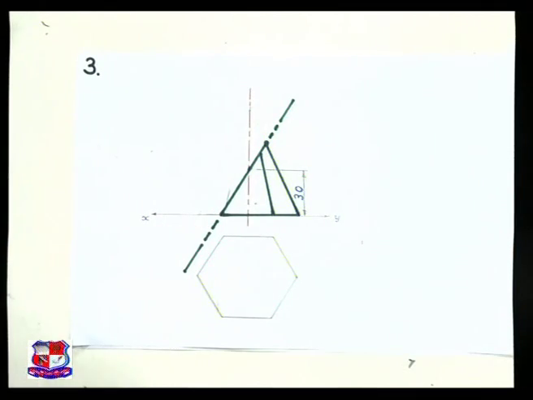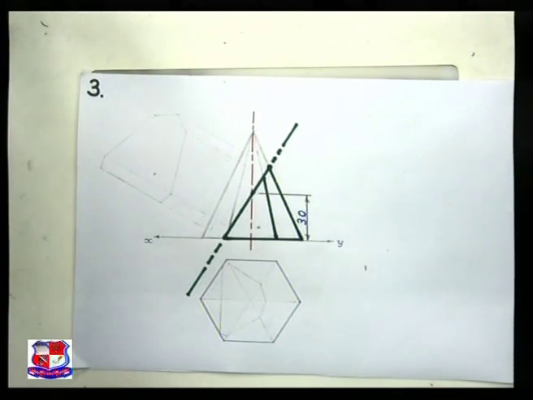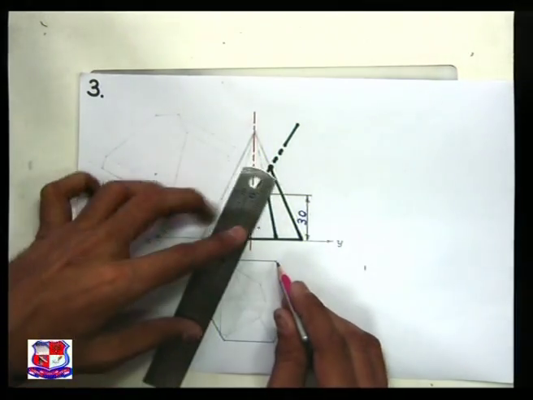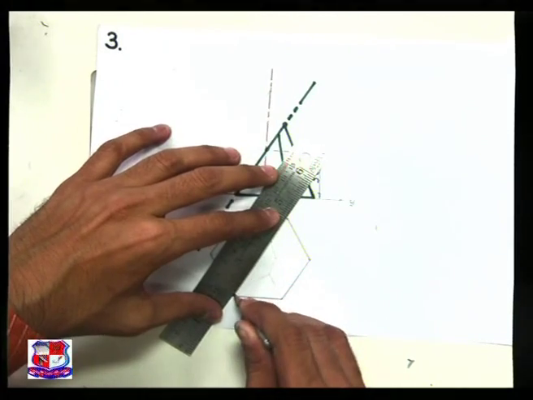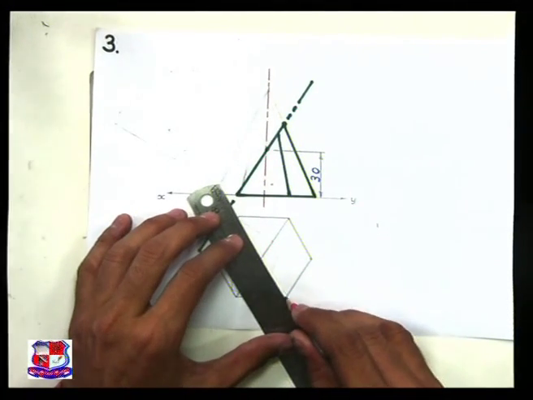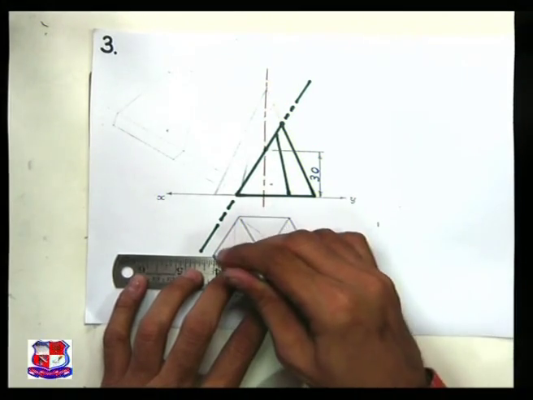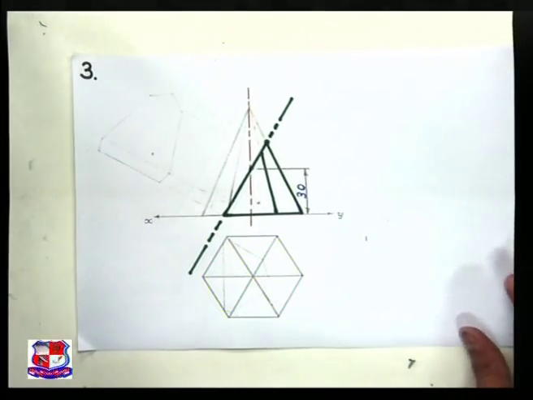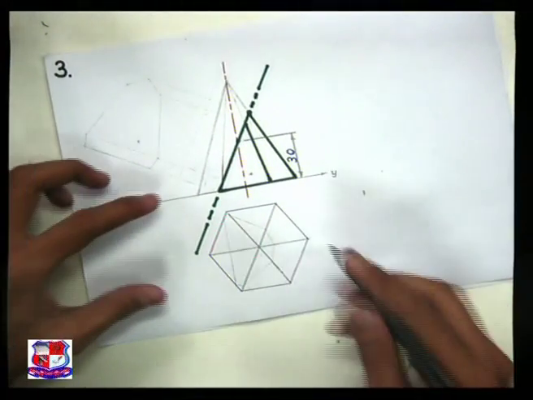Now draw its top view. So for that what should we do? First in top view, as it's a pyramid, here slant edges would be there which would be visible. So join the diagonals, and this diagonal shows the inclined edges, and name the end points to find out the points of intersection.